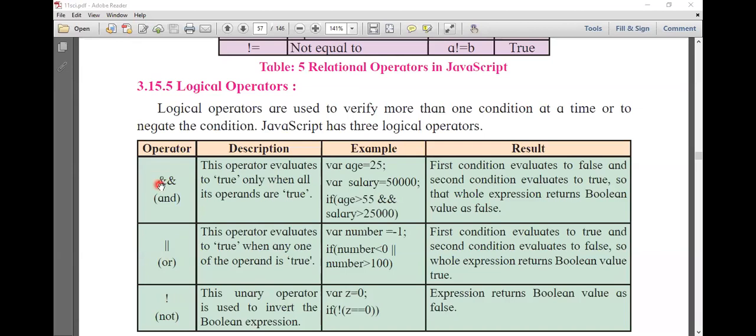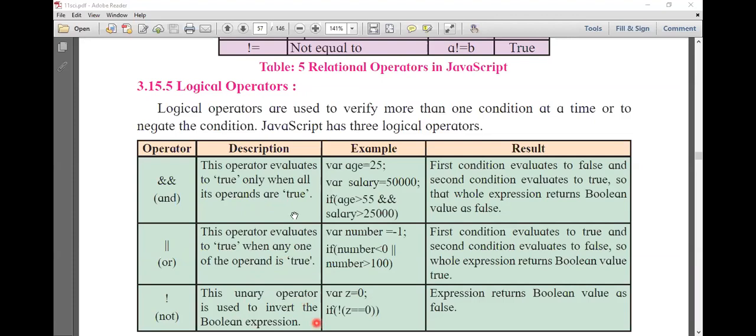AND operator is always written as ampersand ampersand, OR operator is always written by two vertical lines, and NOT operator is always written by exclamatory mark. The AND operator evaluates true only when all its operands are true. The OR operator evaluates true when any one operand is true. The NOT unary operator is used to invert the Boolean expression.